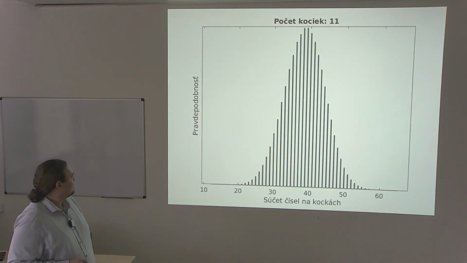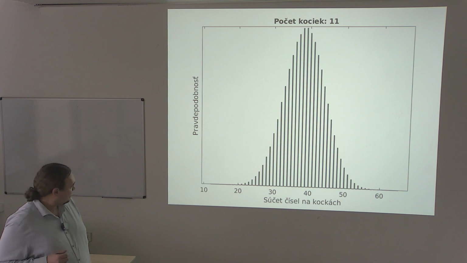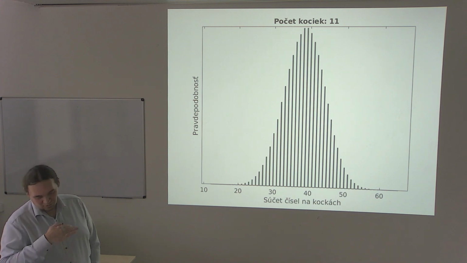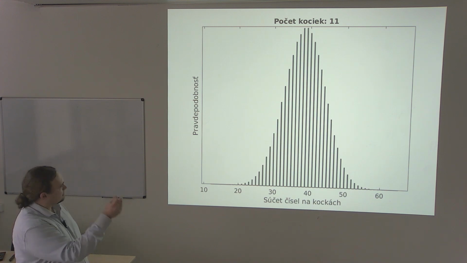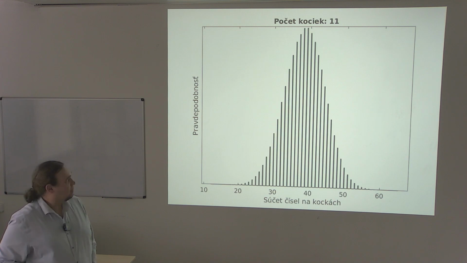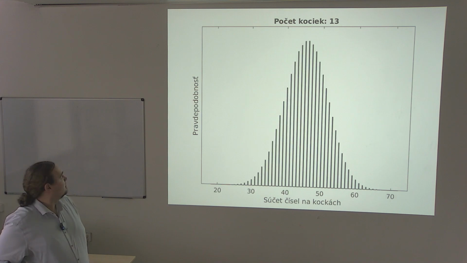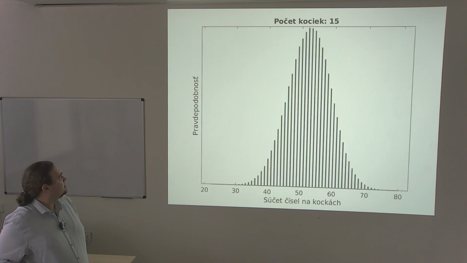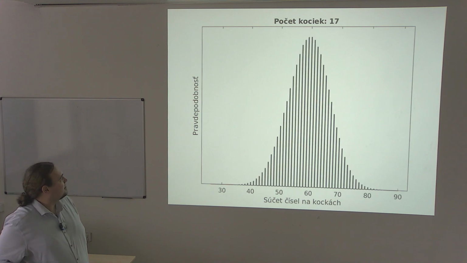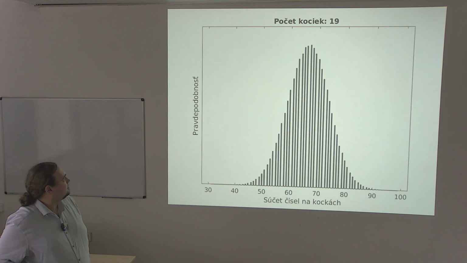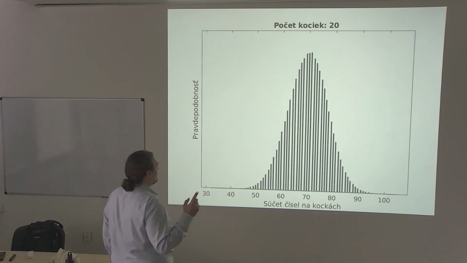Already the range on the horizontal axis is so large that the bins become smaller in the visualization, the width of them. And if we continue, I think 20 would be a good one to stop.